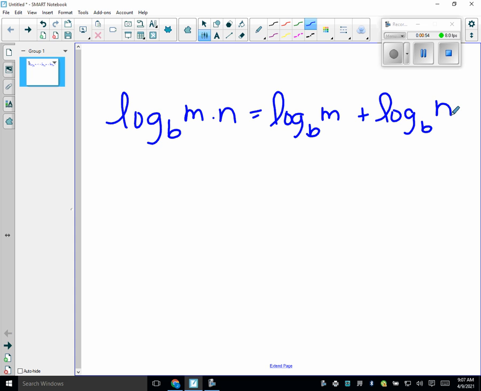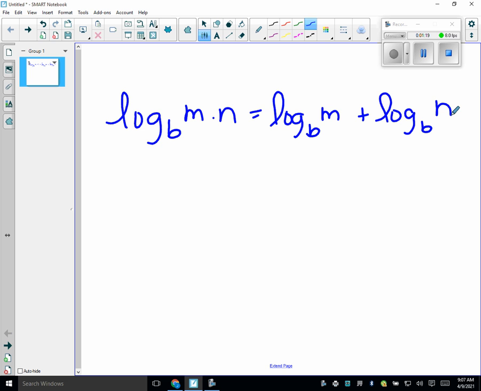Have you seen that before? No. All that means is when I have something multiplied in a logarithm, you can separate it out into separate logarithms and add. Remember I told you originally they could take log multiplied numbers, change them into logarithms and add them? That's what that allows them to do.